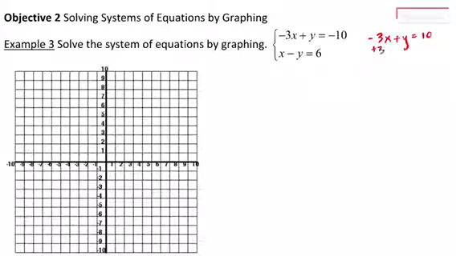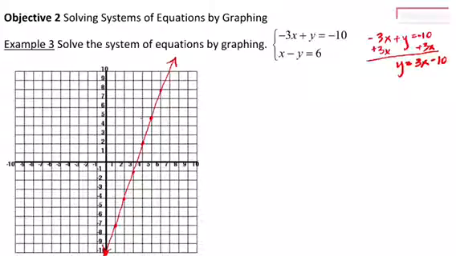Add 3x to both sides, and you get y equals 3x minus 10. So I'm going to graph that now. I start off at negative 10 and I go up by 3 each time to get a line that looks something like that.